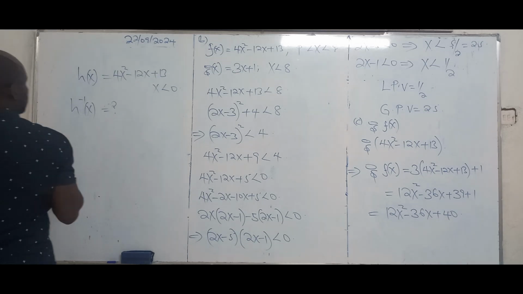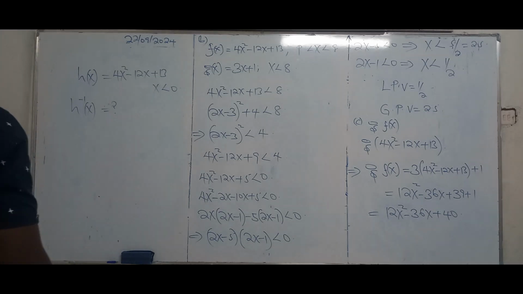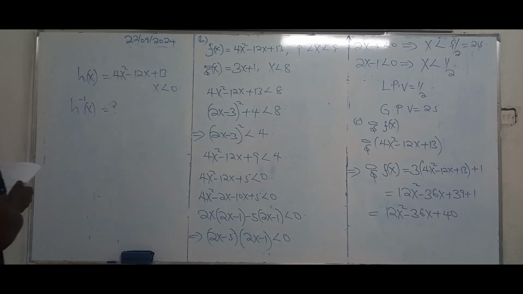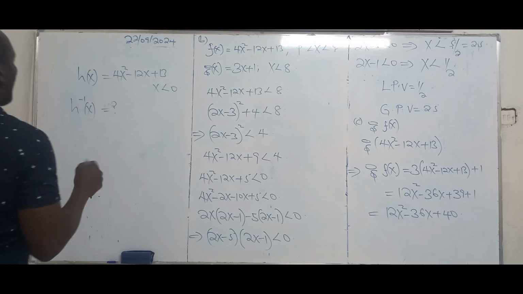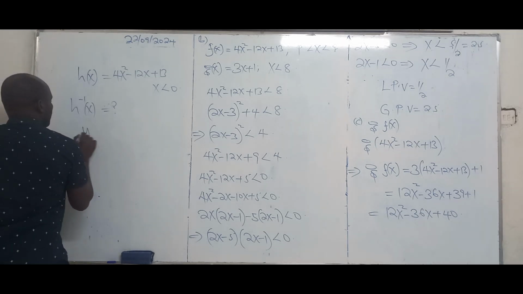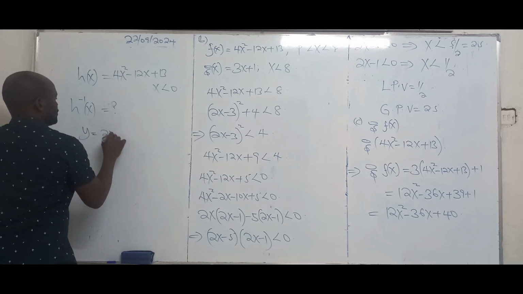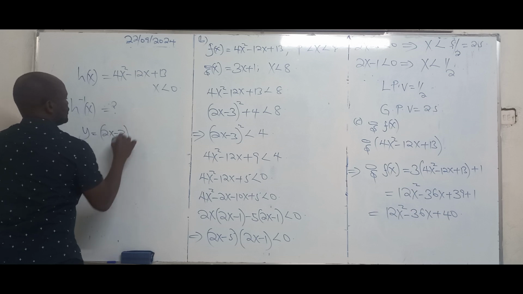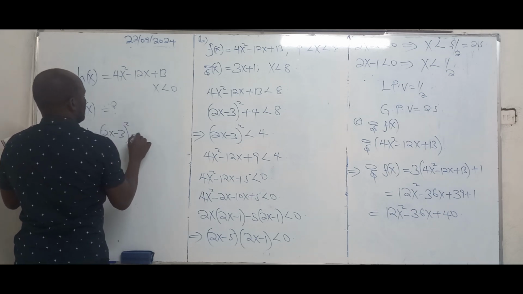We start by saying that y is equal to 2x minus 3 squared plus 4.